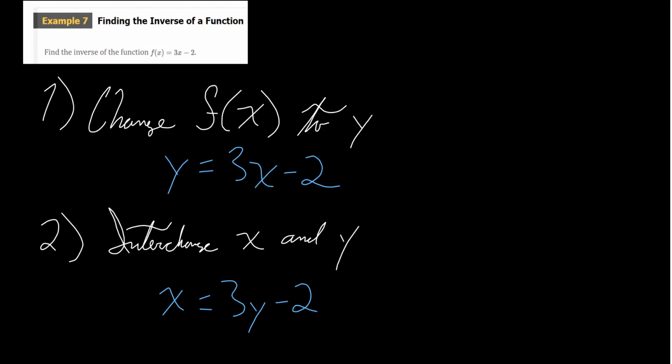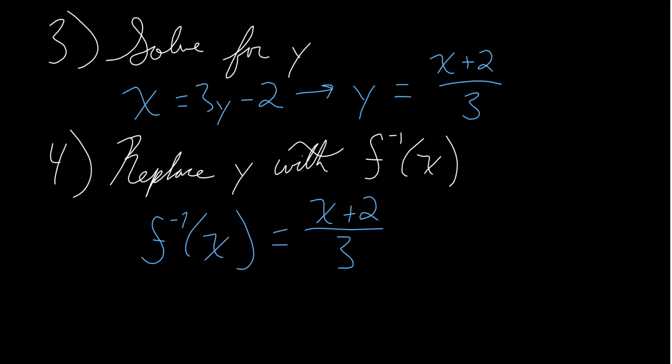We took the x, replaced it with y, and took the y, replaced it with x. Step three, we solved for y. Nothing hard, right? We just added 2 to both sides and then divided by 3. And then lastly, we replaced y with f inverse of x, and we're done.